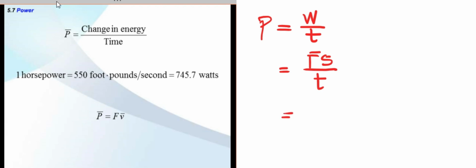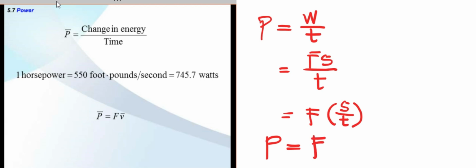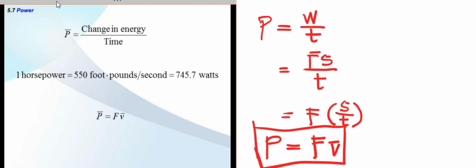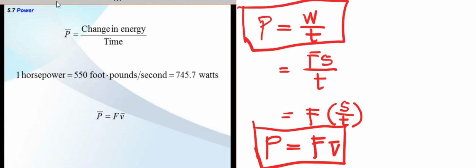Power is F times S over T. If you remember, the displacement over time is your velocity. In our kinematic equation, this is X, not S. So X over T, that is your velocity. That is why power is also equal to force times the velocity. So we have either power, work over time, or this equation, power, force times velocity.